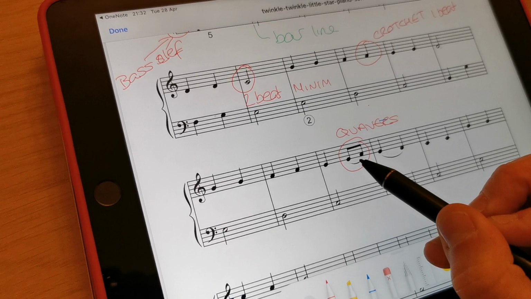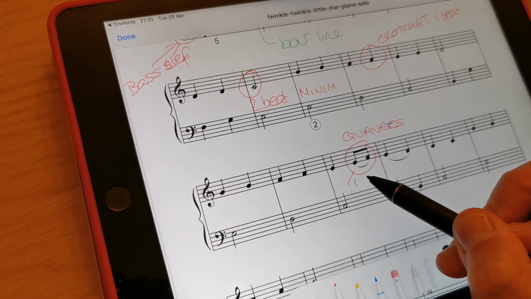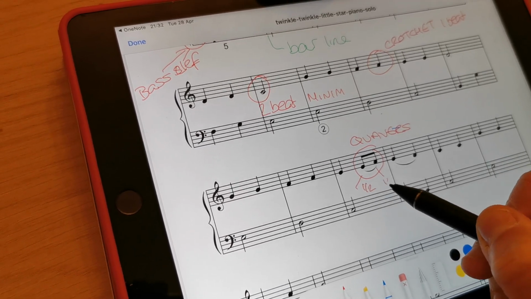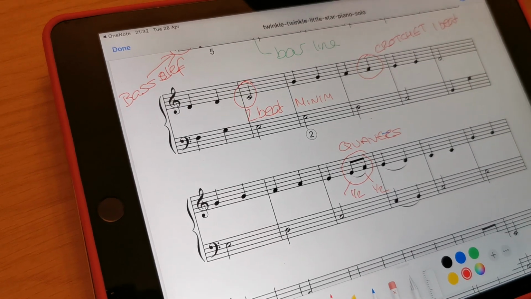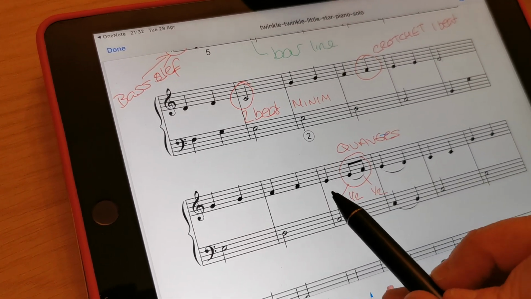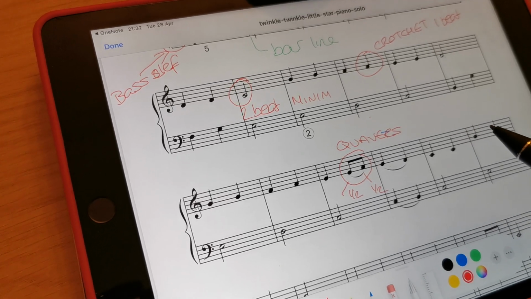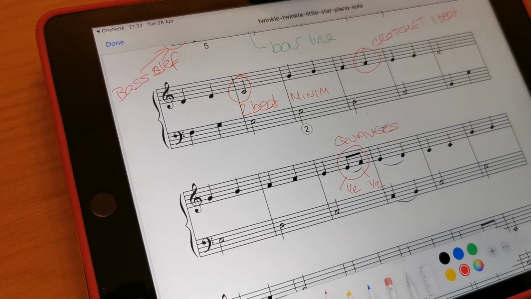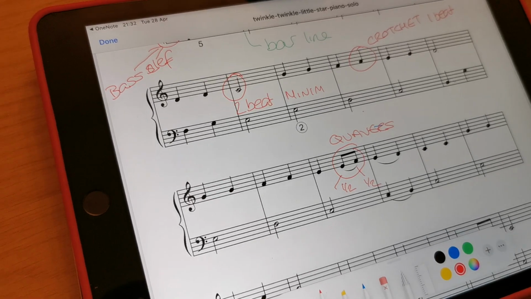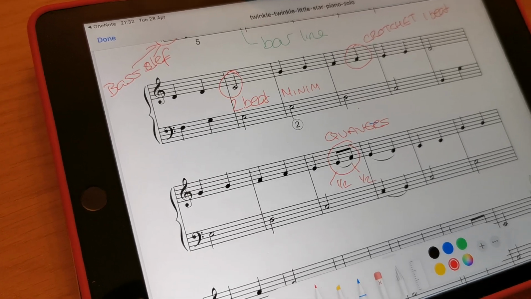Each quaver is worth half a beat, so that is half and that is half. So together, those 2 quavers make 1 whole beat. Okay, so you have 1 and then these 2 together make 2. Coffee, coffee, coffee, coffee.